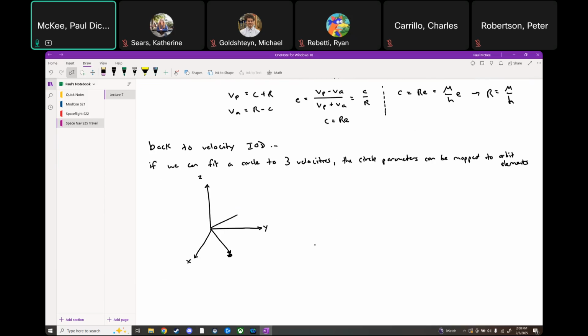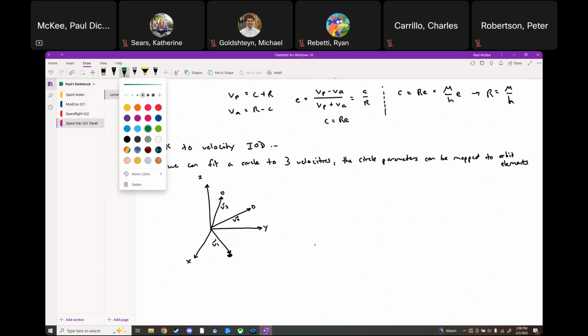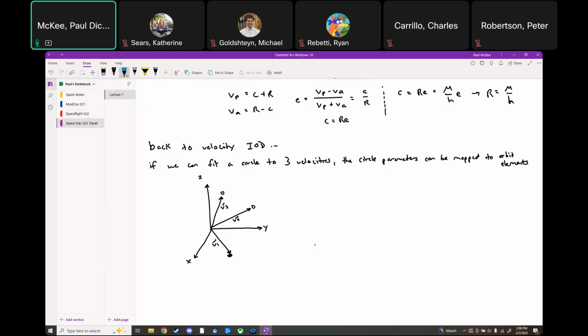And then you've got some other velocity here and some other velocity here, right? So maybe this will be V1, V2, V3. The first thing you could do is, and I'll use blue for this, you can fit a plane to those velocities.